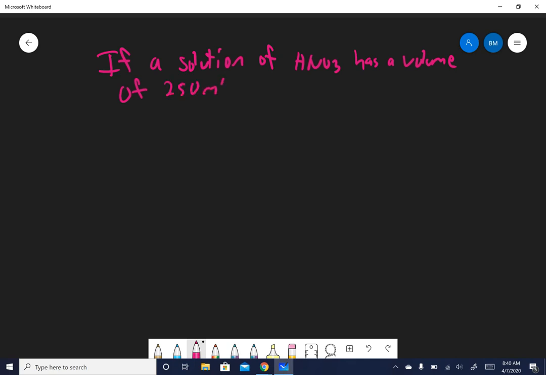So, we use pink here. If a solution of, I don't know, let's go HNO3 has a volume of 250 milliliters, calculate the molarity if, I don't know, let's say 15.5 grams of HNO3 are dissolved.